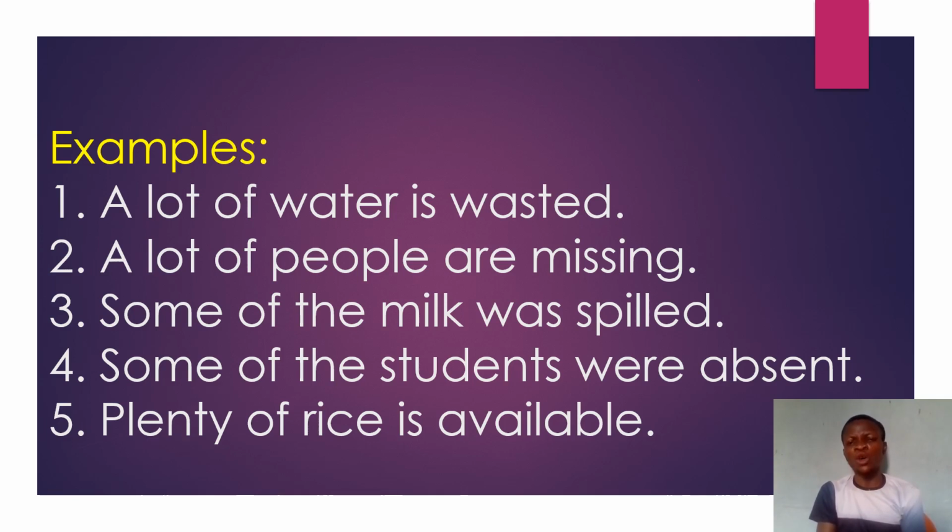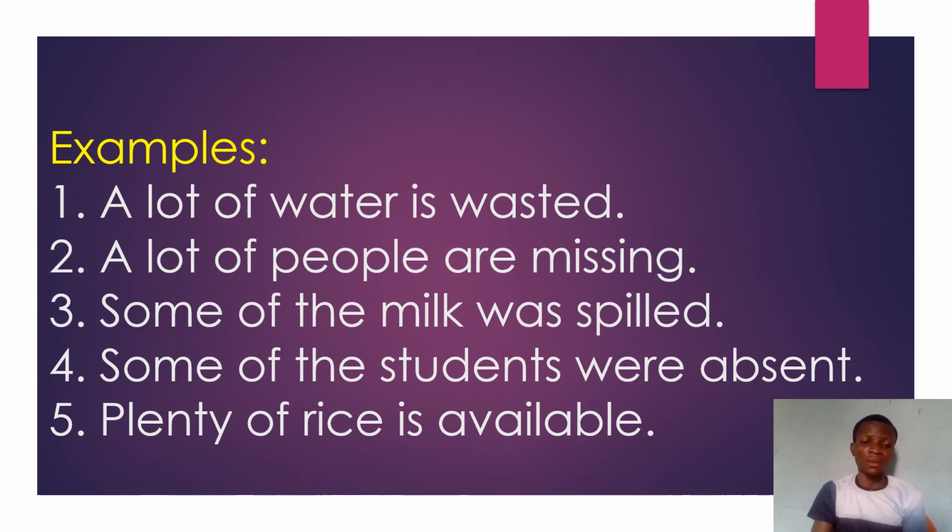Student here is not just one student; student is plural, and that's why it attracts a plural verb. Example 5. Plenty of rice is available. Rice is uncountable, so it attracts "is", which is a singular verb.